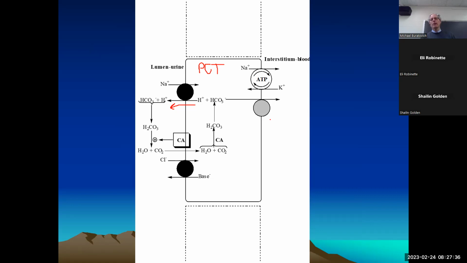That antiporter is going to bring in chloride in exchange for the bicarbonate. Bicarbonate ends up back in the bloodstream.